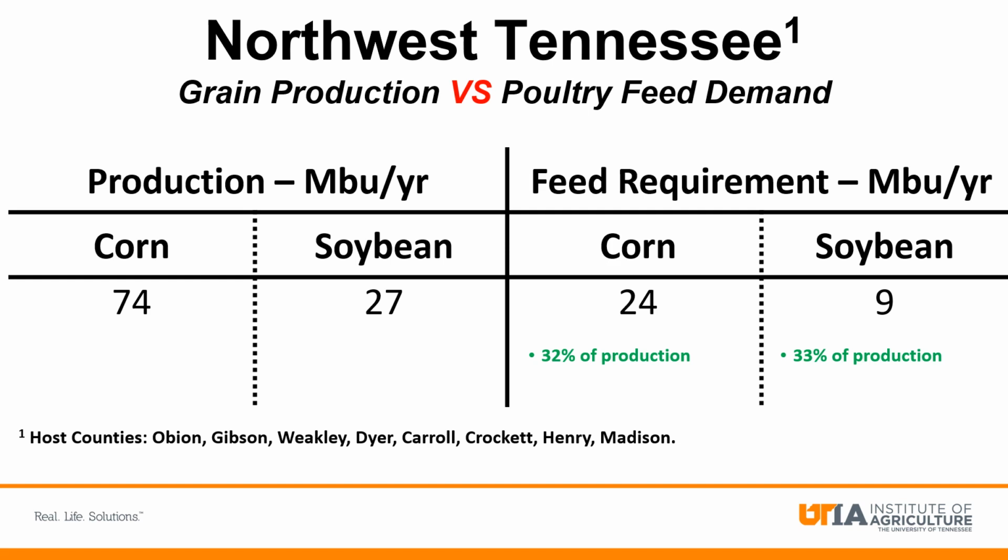You can see that I've got here the host county region where the vast majority of these broiler farms are going to be located. That'd be Obion, Gibson, Weakley, Dyer, Carroll, Crockett, Henry, and Madison County.